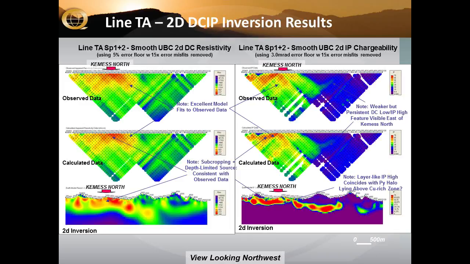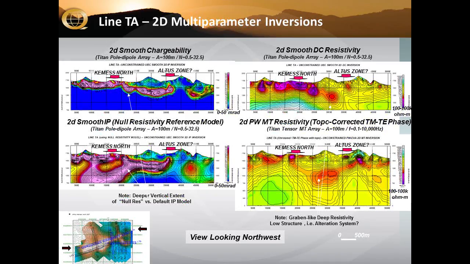Okay, I'll flip over here. Line TA, these are the multi-parameter inversions. This is again chargeability, using both a null resistivity reference model and using the resistivity model as a starting model.